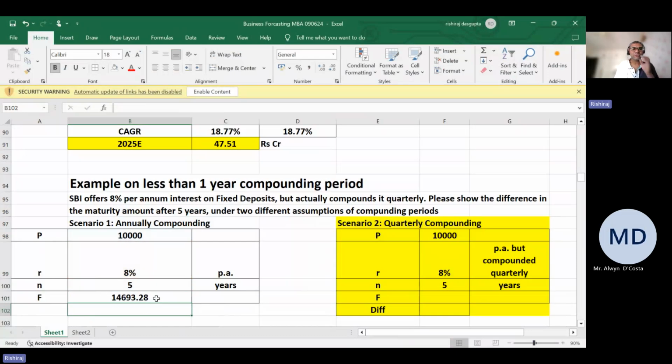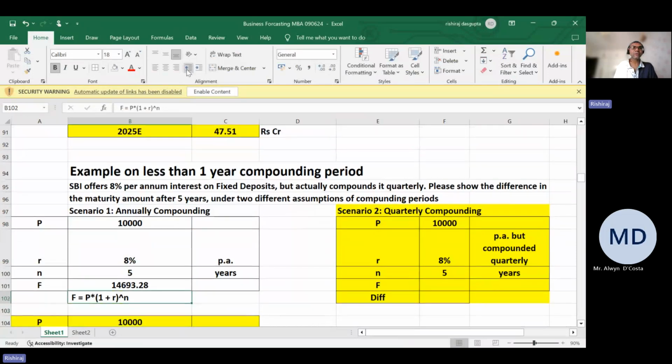So the maturity amount is 14693.28. This is F equal to P into 1 plus R to the power n.